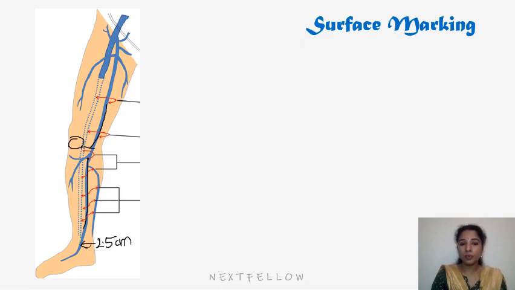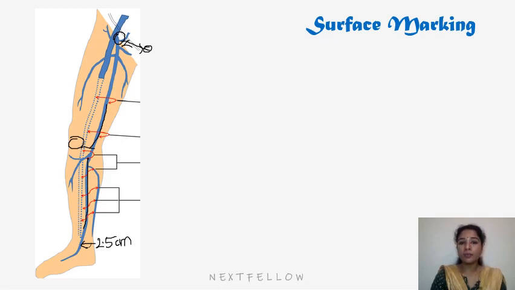The reaching point is 3.5 to 4 centimeters inferolateral to the pubic tubercle. So here is the pubic tubercle, and the saphenous opening is here, 3.5 centimeters inferior and 3.5 centimeters lateral, where we can see the saphenofemoral junction.